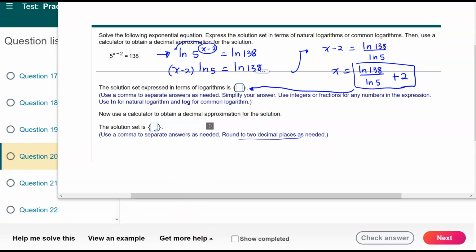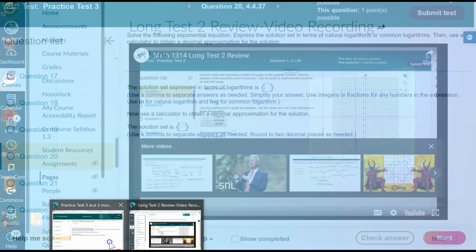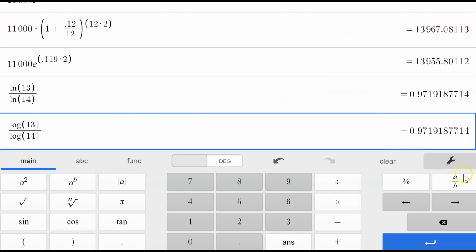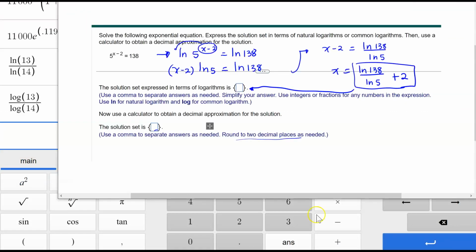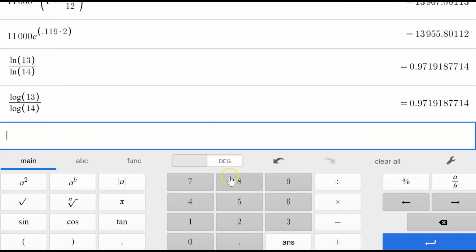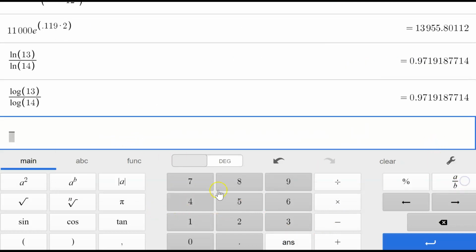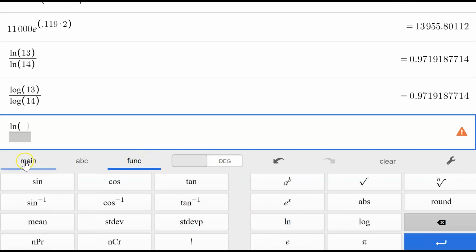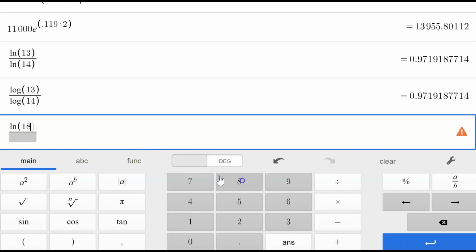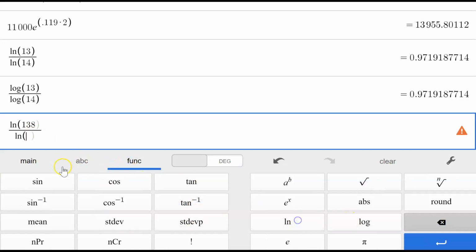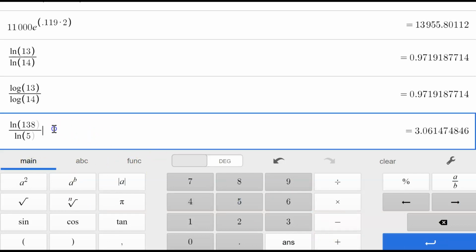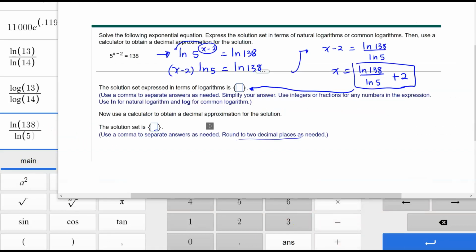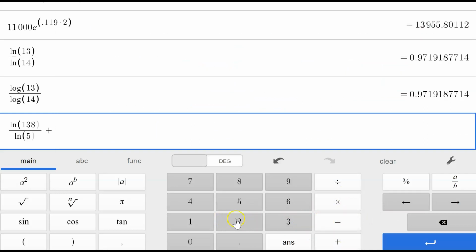So you know how to plug that into your calculator, right? For using the Desmos calculator, you are going to plug in ln of 138 over ln 5, and then there is a plus 2, so plus 2.